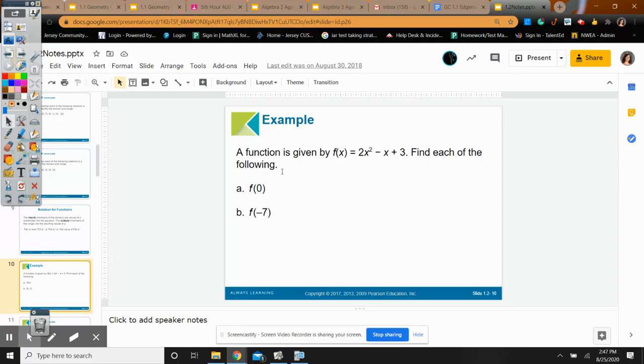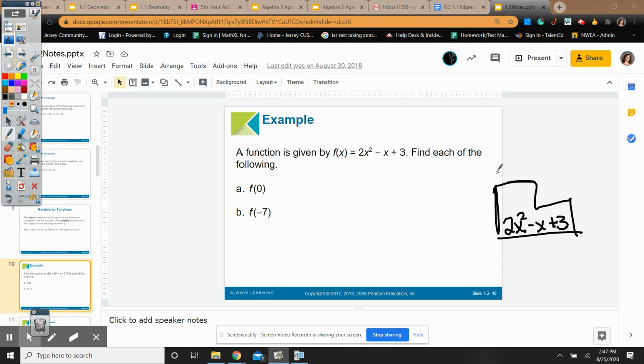So here are some examples. If this is the function, so this function f, what it does is it takes 2 times the number and squares it, then it subtracts the number and adds 3. That's function f. When I plug 0 into this function, what happens? So the way we write it is we take out the x and we put in the 0 in parentheses.